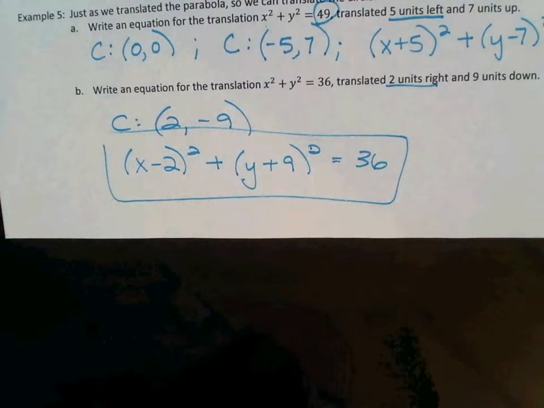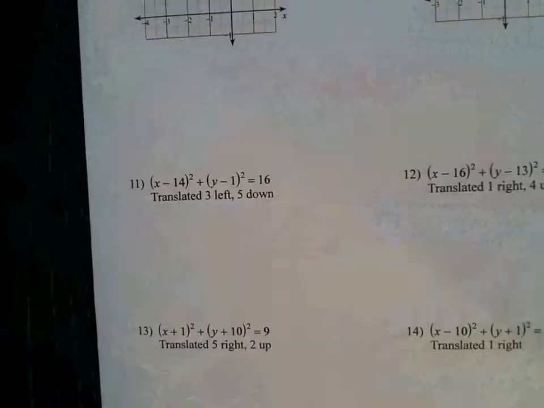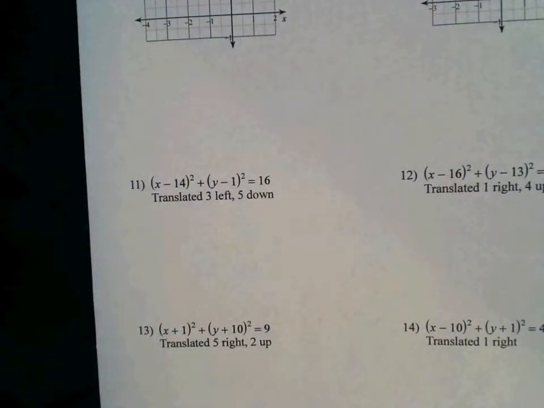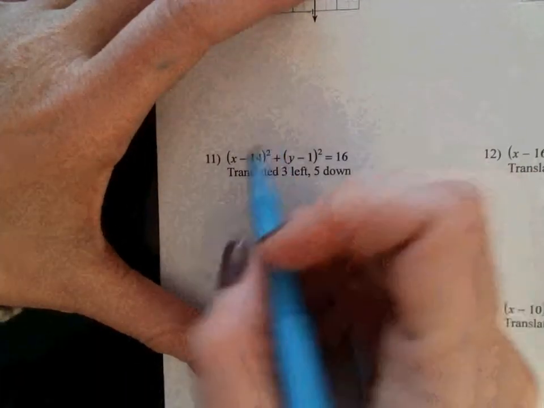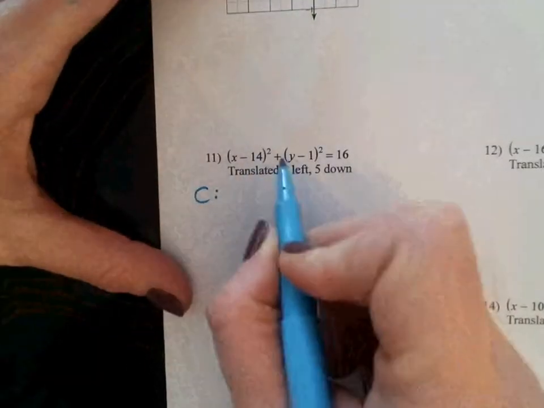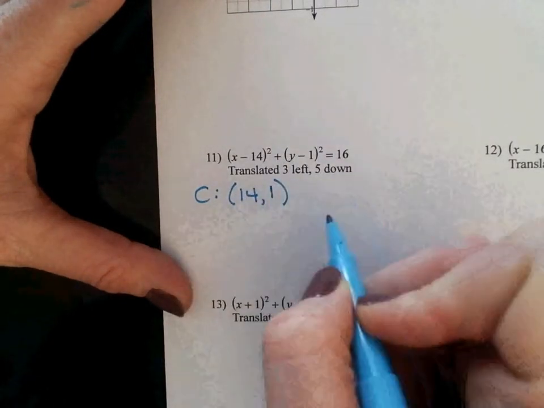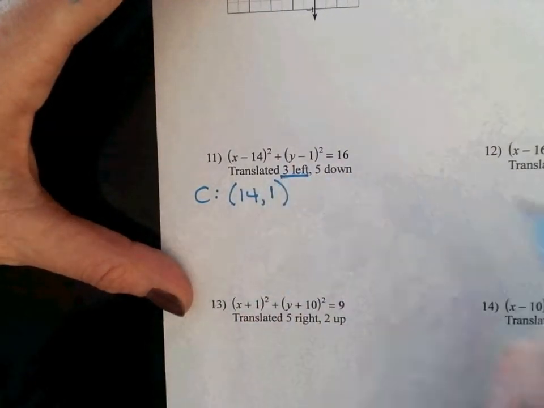I actually want to look at your assignment. On the back of your assignment, we have translations not starting at the origin. I'm going to do a couple of those for you. First of all, number 11. The center is at 14, 1.